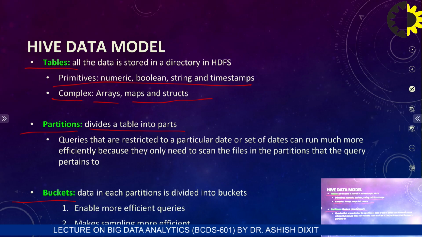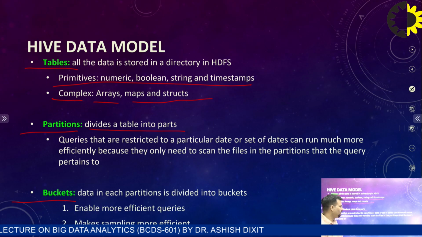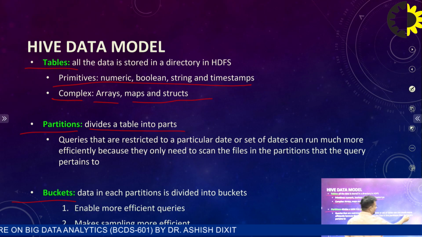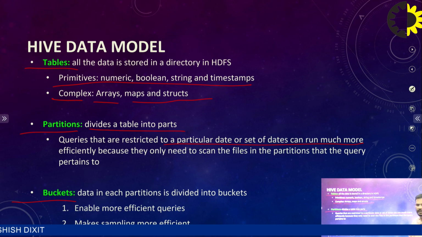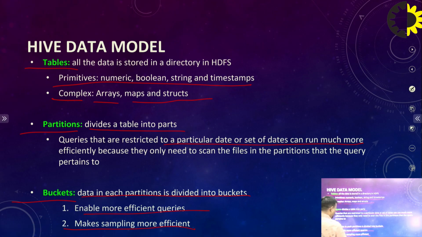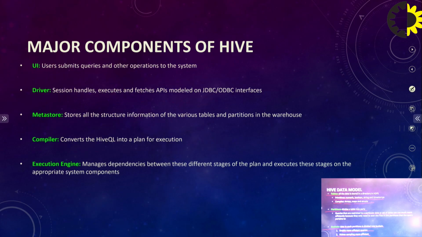Queries restricted to a particular date or set of dates can run much more efficiently, because they only need to scan the files in the partitions that the query pertains to. Next, buckets: data in each partition is divided into buckets, which enables more efficient queries and makes sampling more efficient.